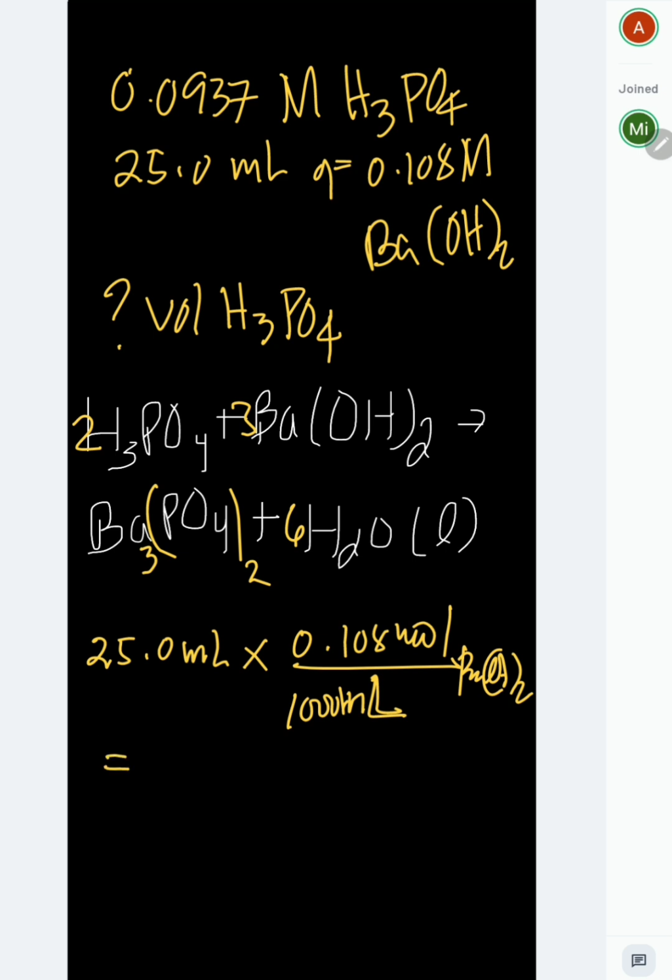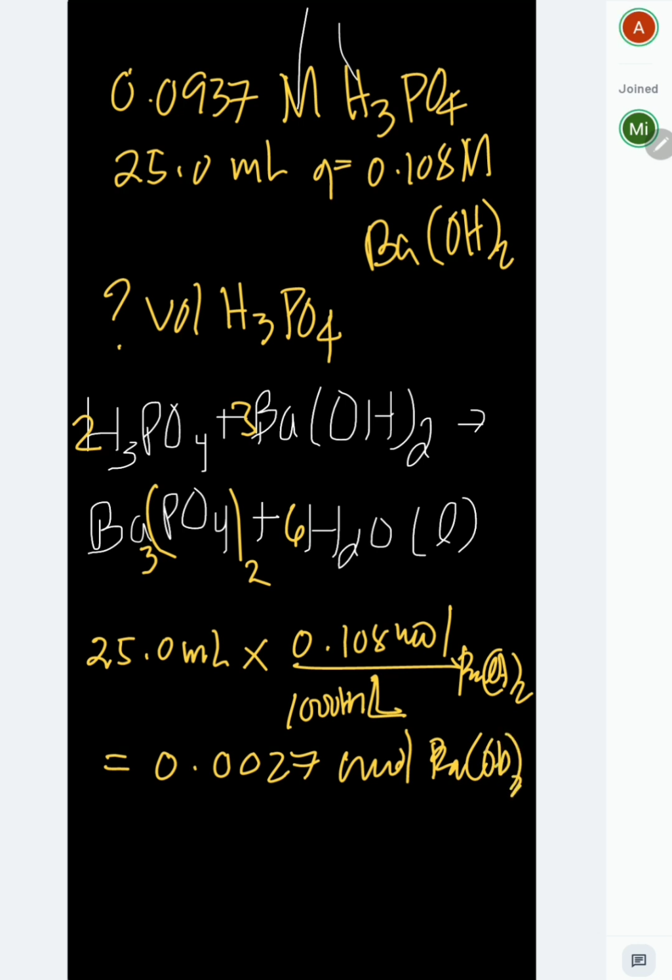So what is the value there? What's the answer? 0.0027 mole barium hydroxide.